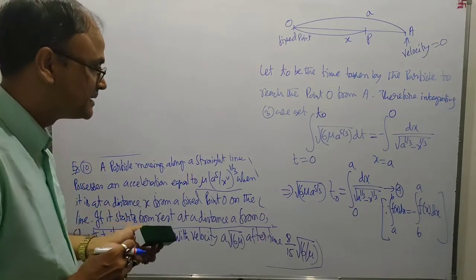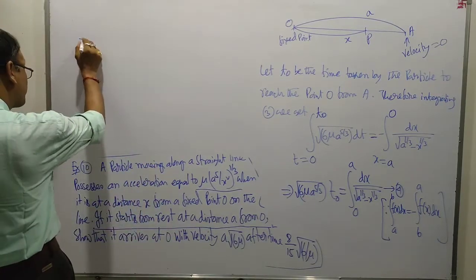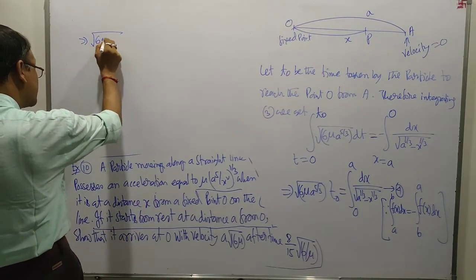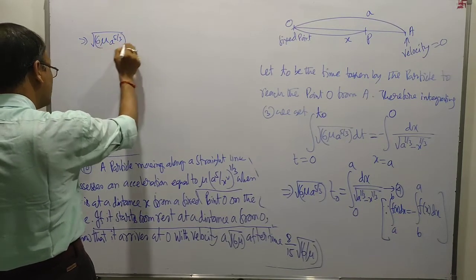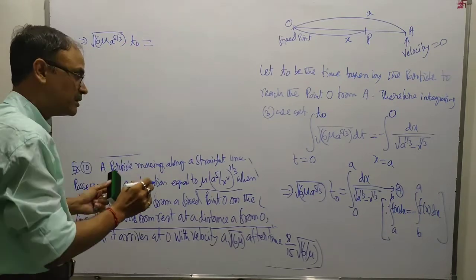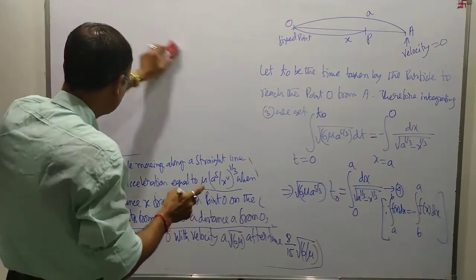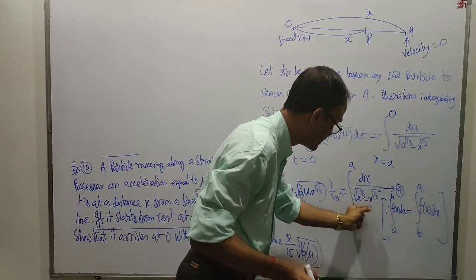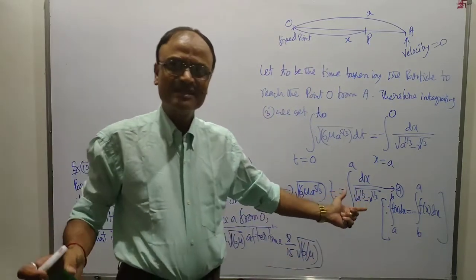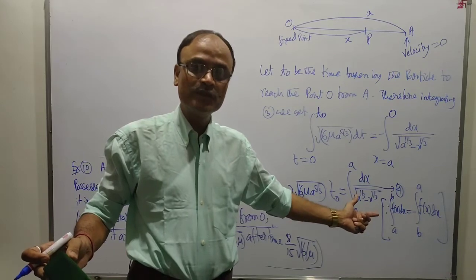Let me write here. This means root over 6 mu a to the power 5 by 3 into T naught equals, we have written it as number 4. We have to find the integration of this. It's a very simple integration.